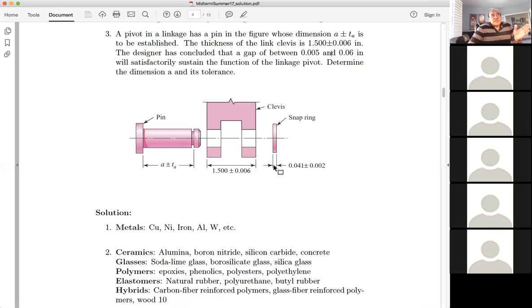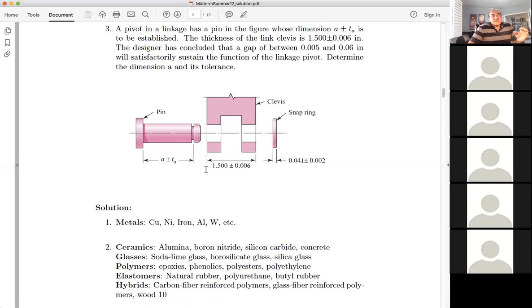So there's no problem. To get the tolerance here, we now have to realize that the tolerance in the gap is the result of tolerances in the snap ring and the clevis and the pin. And when we do statistics, we add the tolerances because we add the standard deviations.